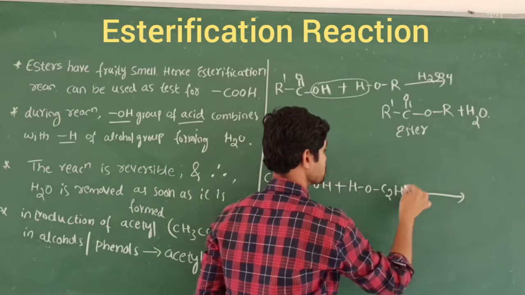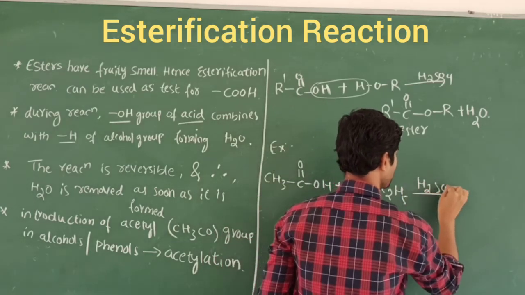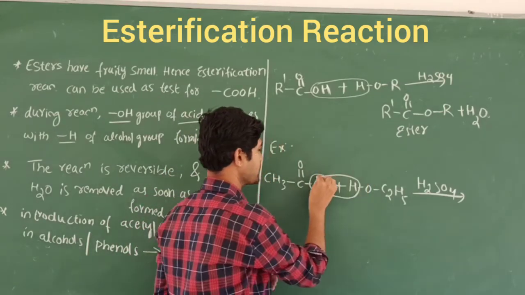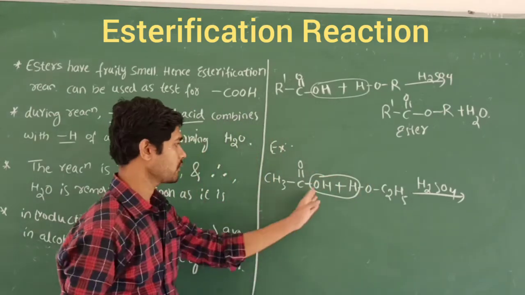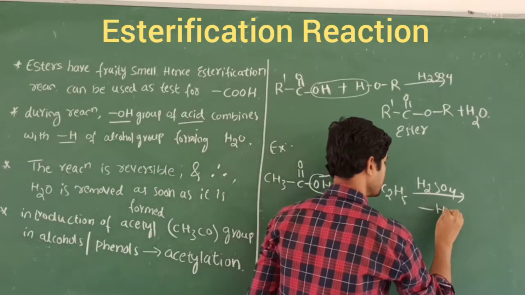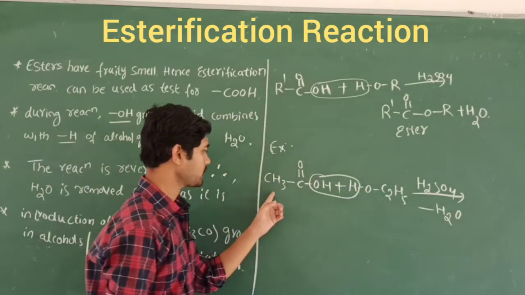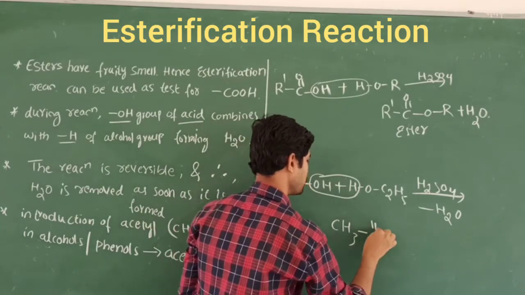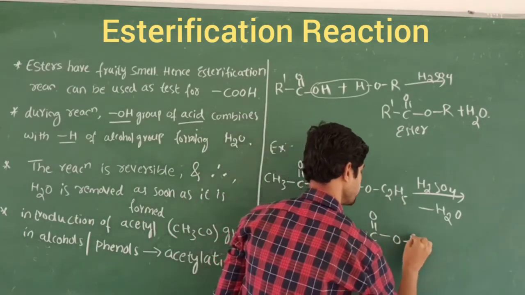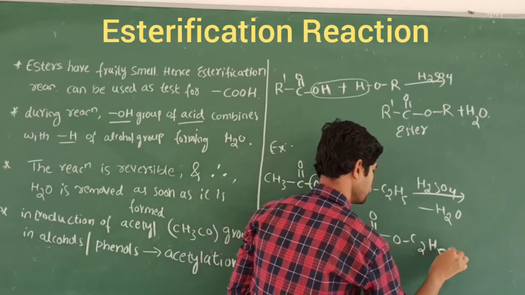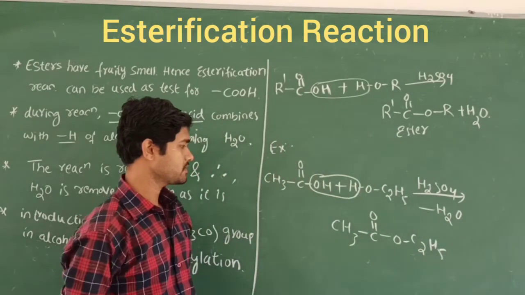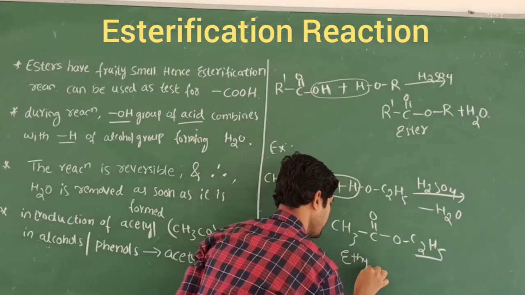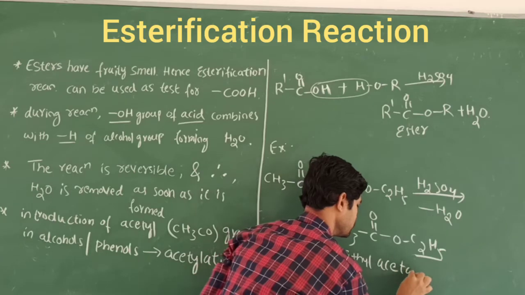Whenever I use this concentrated H2SO4, it is going to remove the water molecule: OH from the acid group and H from the alcohol combine, water is removed, and the remaining product is in the form of ester, CH3-C=O-O-C2H5. This is called ester, and its name is ethyl acetate.